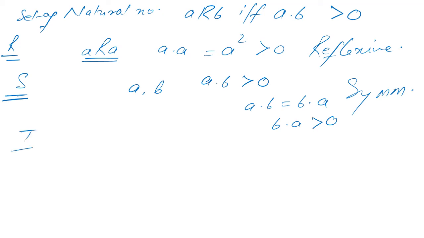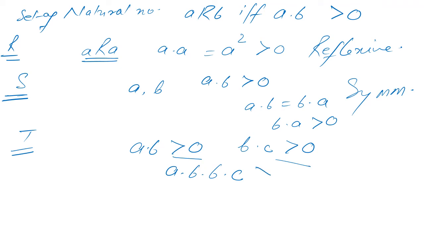If we check for transitivity, if A dot B is greater than 0 and B dot C is greater than 0, now let us multiply both of them. So I'll have A dot B dot B dot C, a number greater than 0. So I'll have A dot B square dot C is greater than 0.